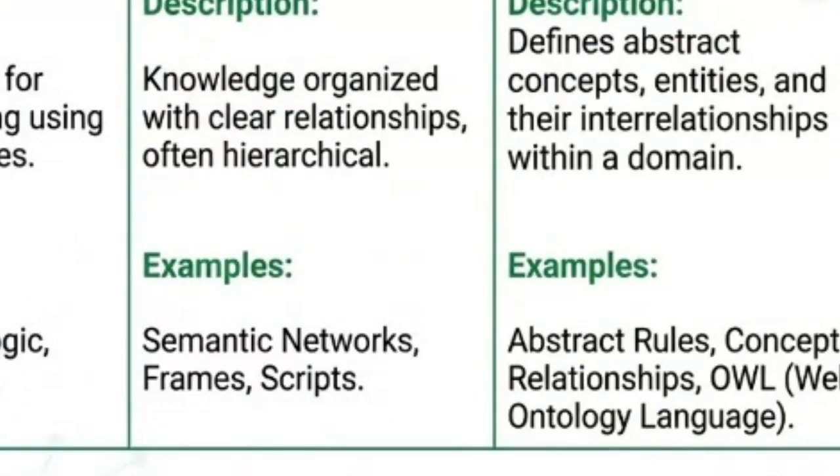The other way is structured, where knowledge is organized into clear relationships and hierarchical systems. Examples are semantic networks, frames, and scripts. The other one is ontology-based, where you define abstract concepts, entities, and interrelationships within a domain. A good example of that is abstract rules.